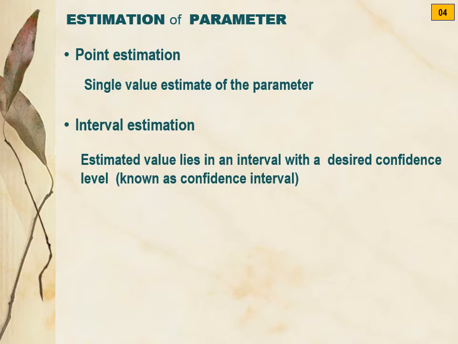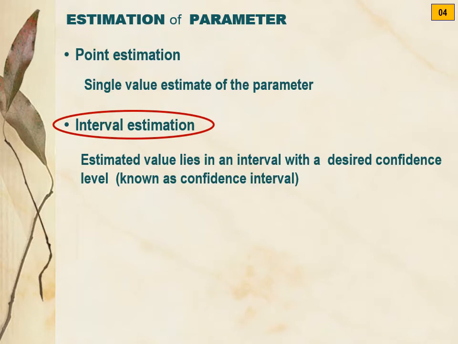That is, for estimating the parameter, we shall be giving an interval associated with certain level of confidence that the parameter value lies in this interval with say 99% confidence or 95% confidence, etc. And this interval is known as confidence interval. So we shall be estimating the confidence interval for the parameter from the sample information.